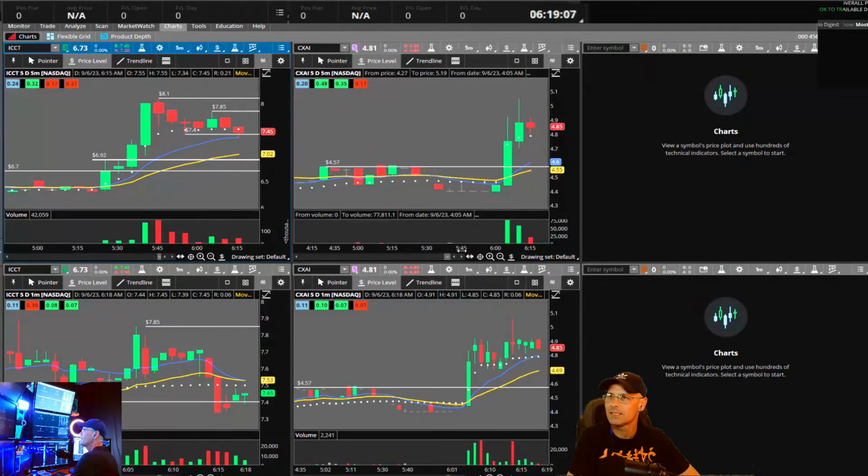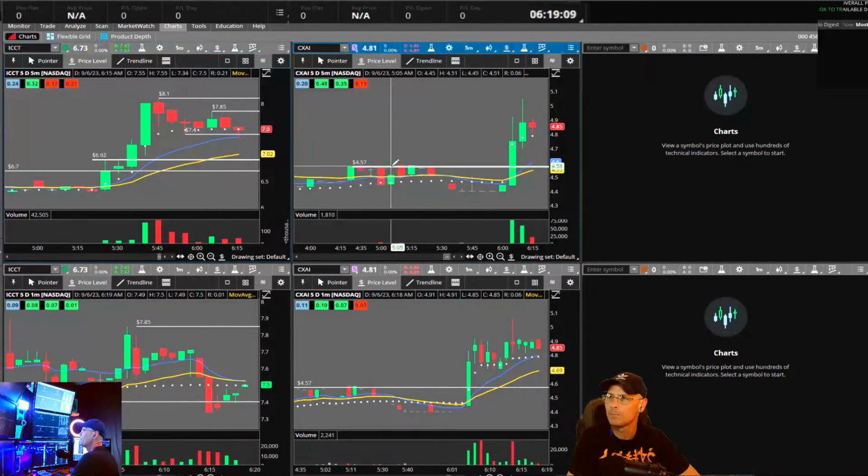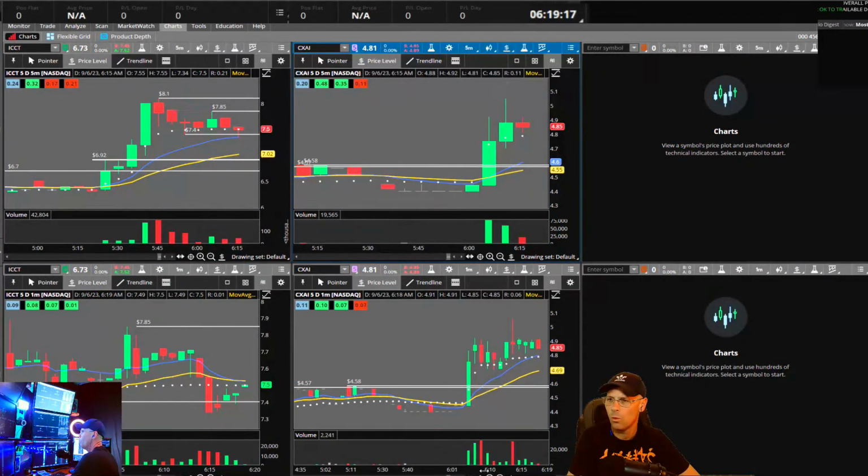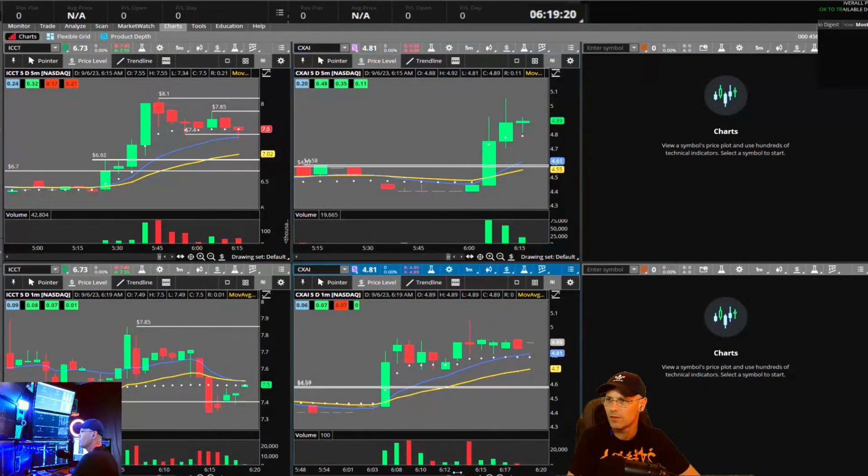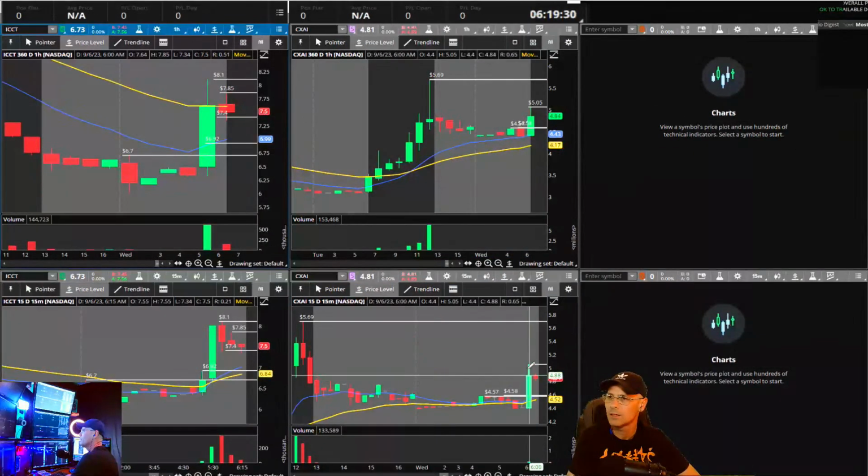And on CXAI, I'll put another line there. That's an area of interest. If we pull back from here, be watching the 1-minute time frame for that pullback. We have a resistance up at 505. That's the high of that 15-minute candle right here.